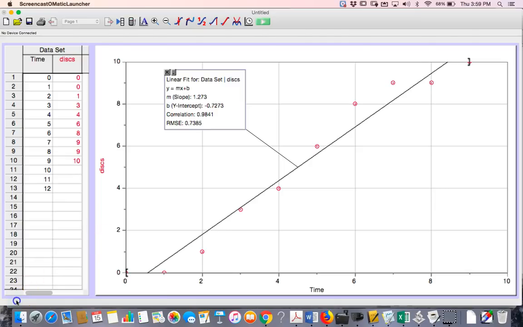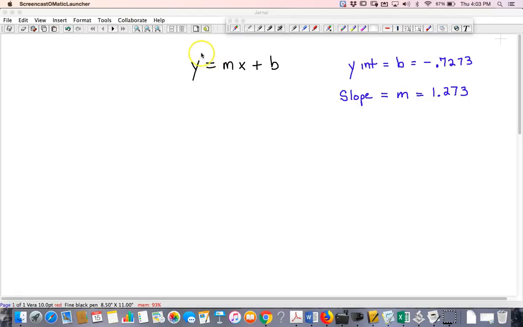So let's go. We have our equation for a straight line, y equals mx plus b. We have the y-intercept and slope from the graph, the linear regression line, the best fit line from the data. Now we're going to solve for the time. Remember, the x was the time in minutes.